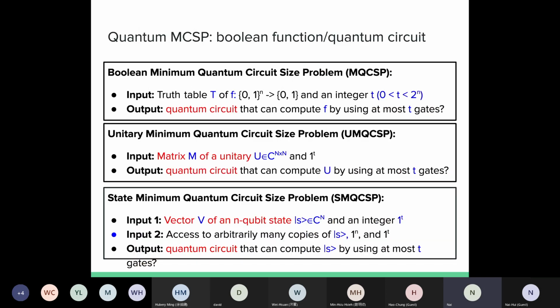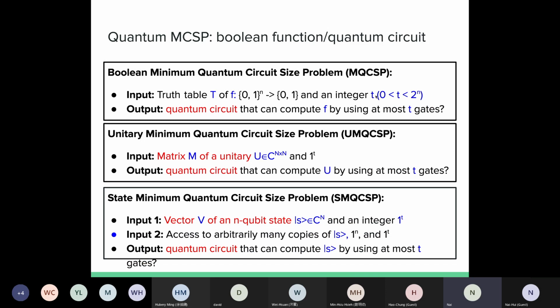In this work, we define 3 different quantum MCSP problems. The first one is very close to the classical one. We are still given the truth table T of a Boolean function and some integer. Sorry, the integer is also given in unary form, like T ones.